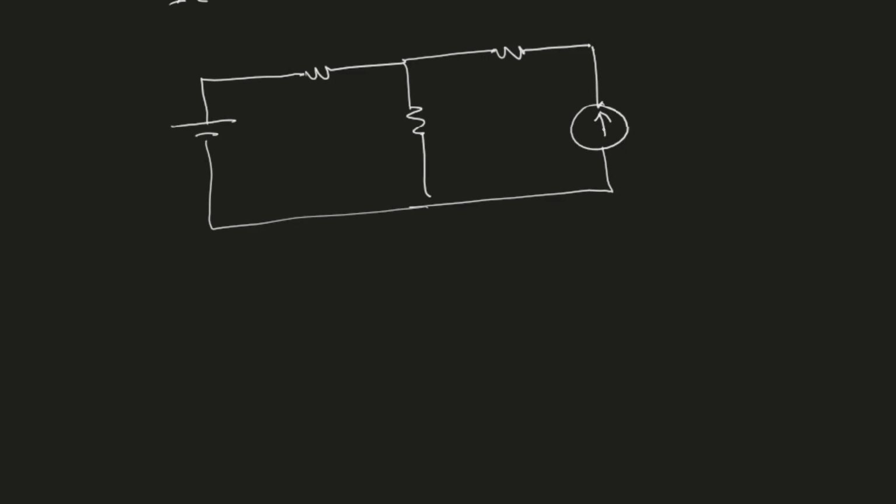And let's say the current source is such that the current is going upward, and let's say this current is IS, and let's give it a value of 3 ampere. This is my voltage source, Vs, and let's say that is 10 volts. I have a resistor R1, R3, and R2.